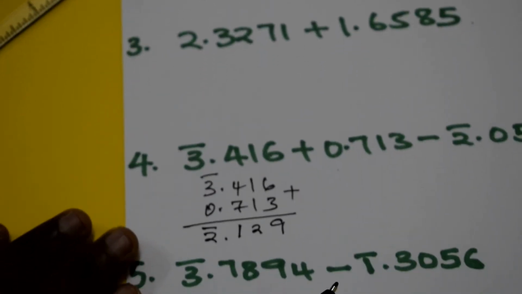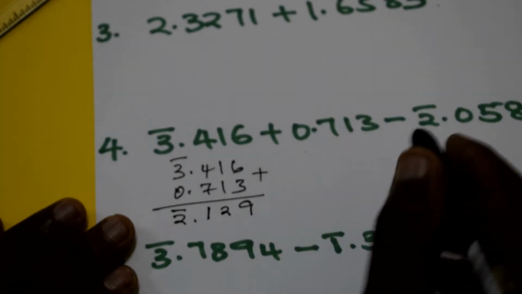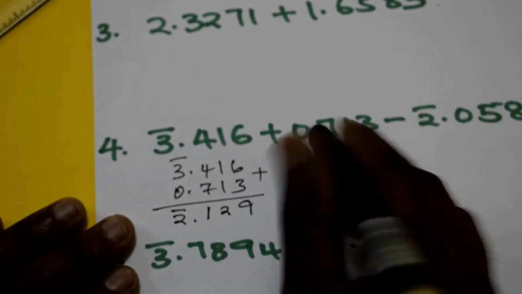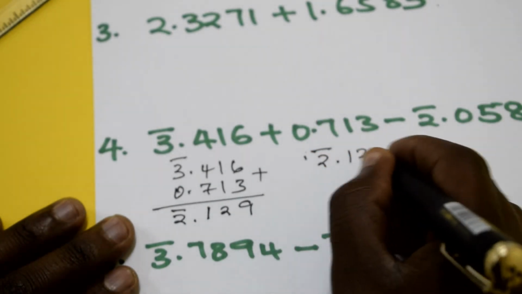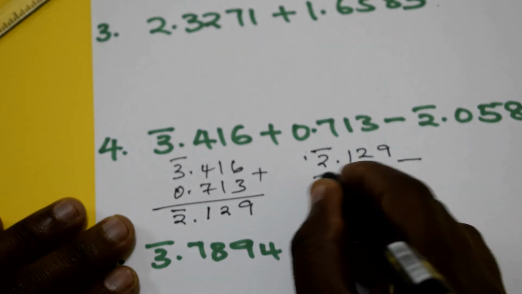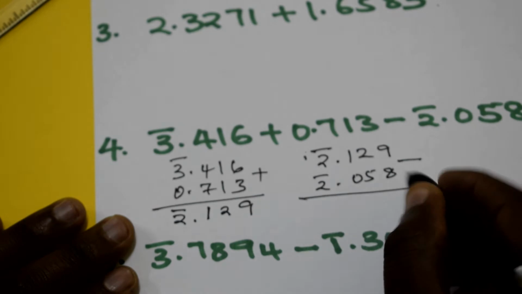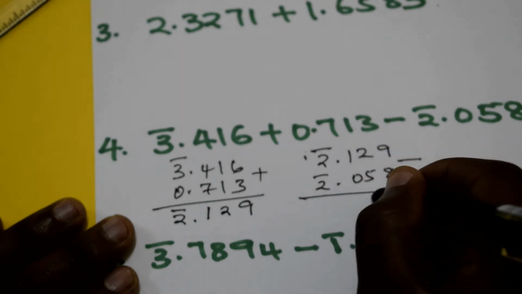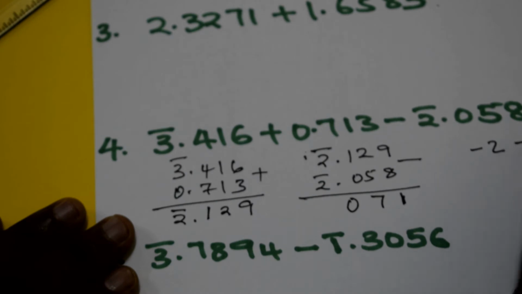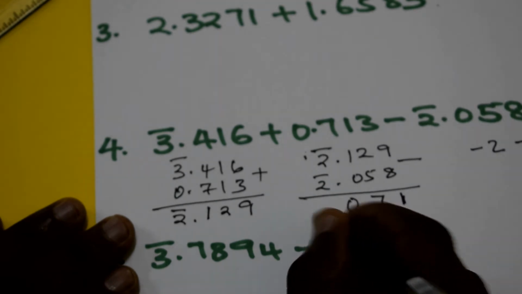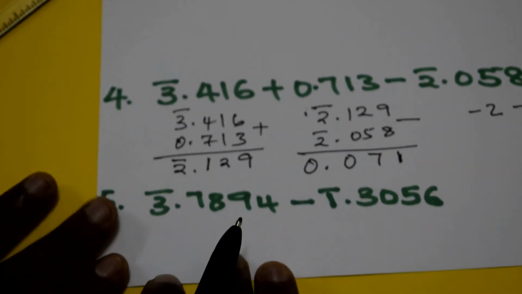So that is bar 2.129. Then we subtract this one. So we have bar 2.129 minus bar 2.058. So this is 1, 12, this will give us 7, 0. Then we have bar 2 minus 2 gives us 0. So that will give us 0 point.